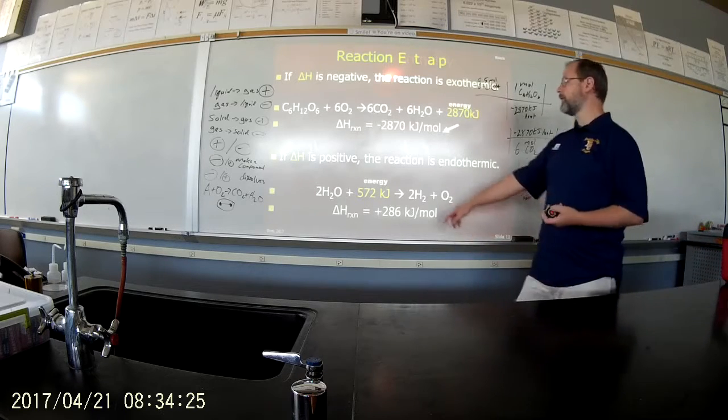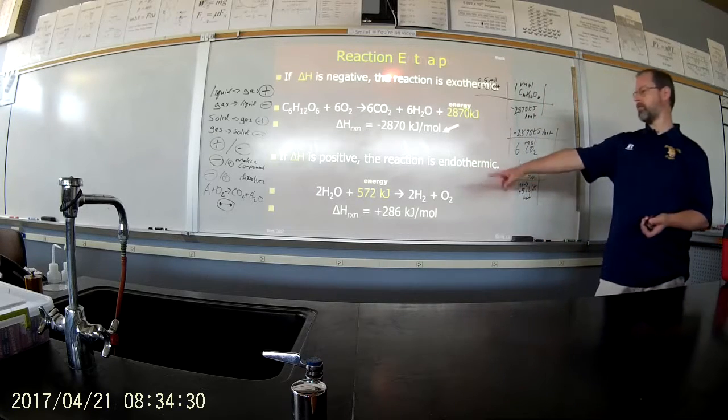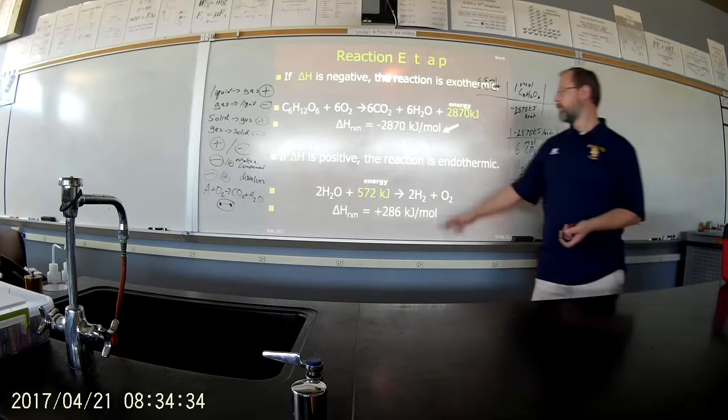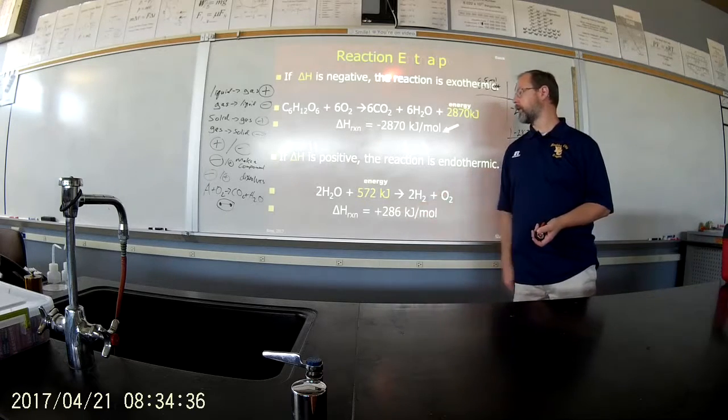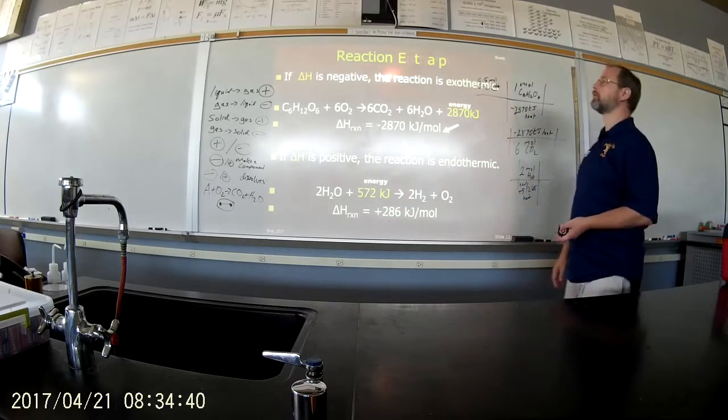One mole would only need 286 kilojoules. Hopefully you can see that's the case. So the reaction would be, if you did oxygen, it would only need 286. 1 mole of water would need 286.